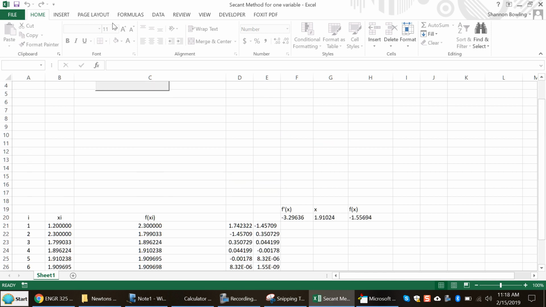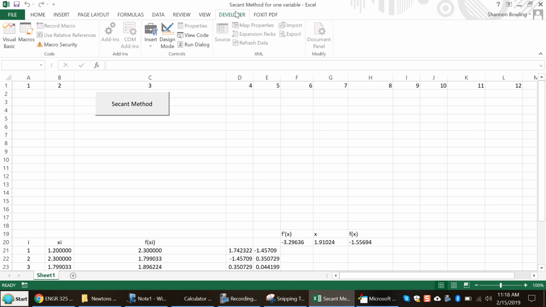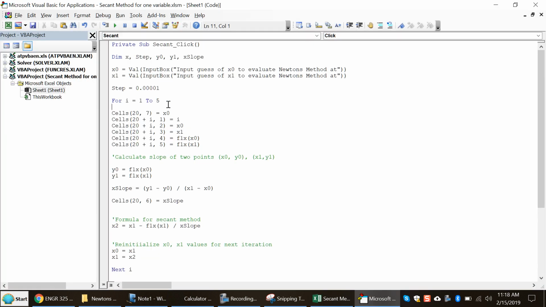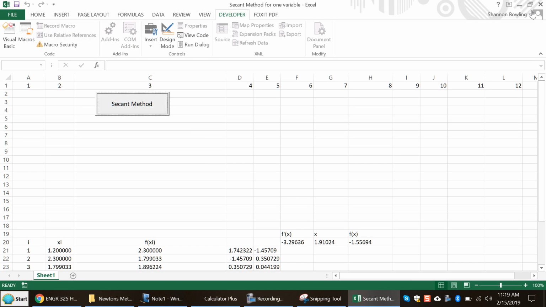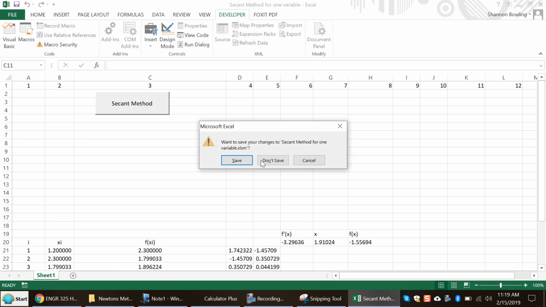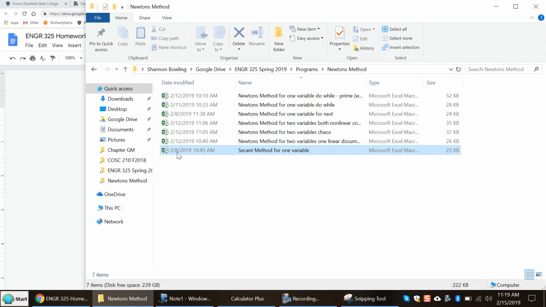So if I come in here and do a do while loop, so what do I do with this? I say I have to do a difference, right? Just set your step equal to epsilon. Right. And I should have done this beforehand. I'm sorry.